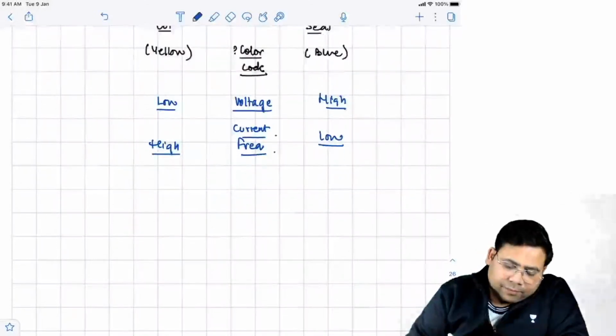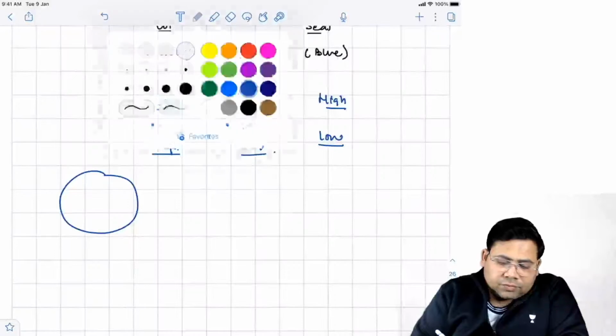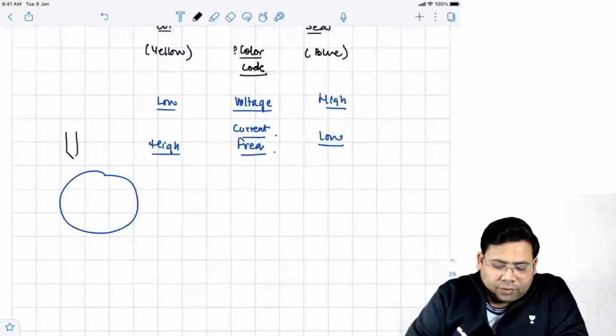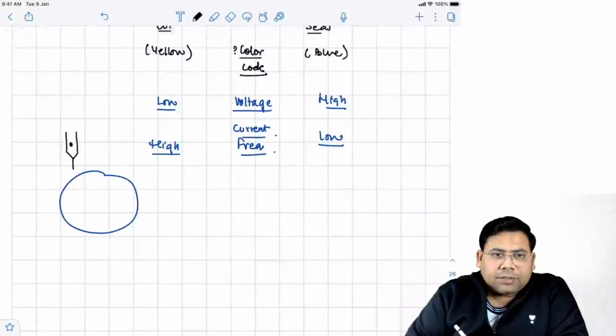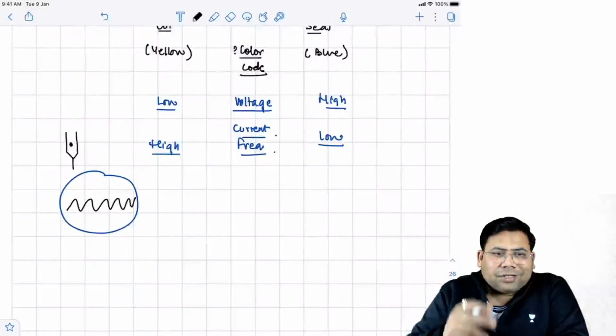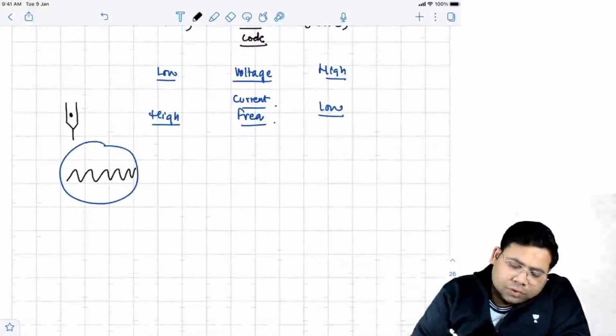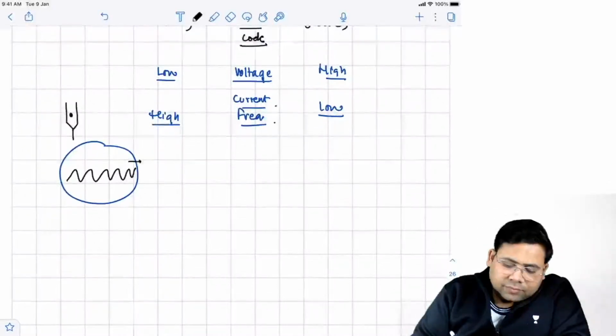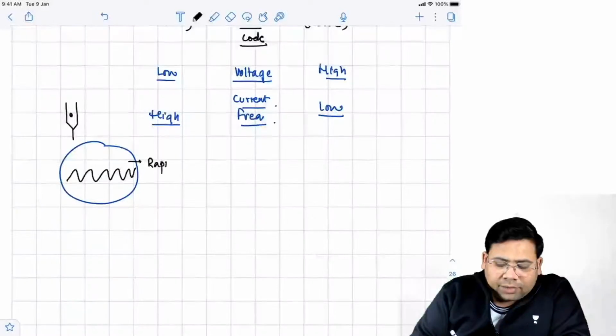Try to understand. Now suppose this is the tissue, and on this tissue, you touch it with what? Cut. So the current is flowing in high oscillations but at low voltage. Due to high oscillation, there is rapid turbulence.